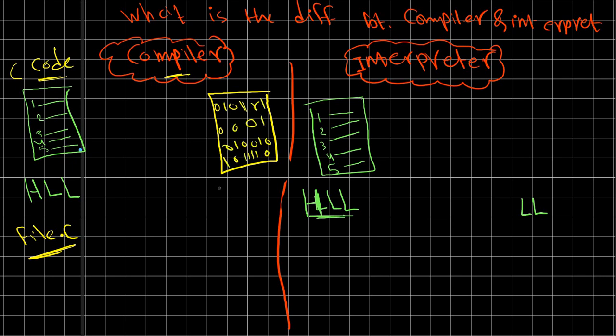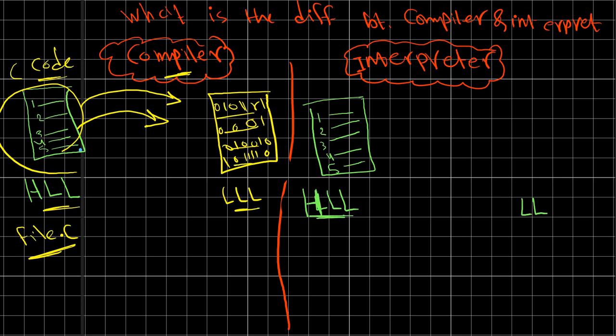This is a low level language and this is a high level language. We understand this one, and the computer understands that one. So I want to transform this to this. What shall I do? This is the compiler's mission. The compiler takes the whole file and transforms it into machine code consisting of 0 and 1, and so on. The whole file is transformed to an executable file.